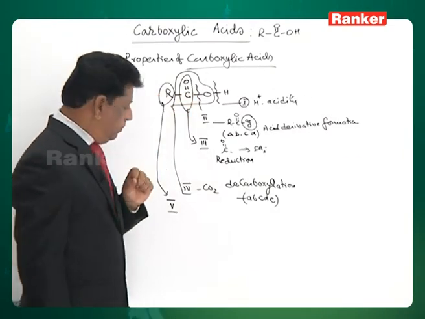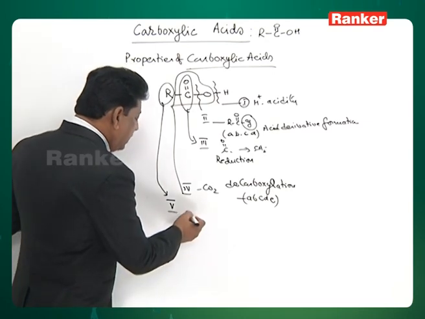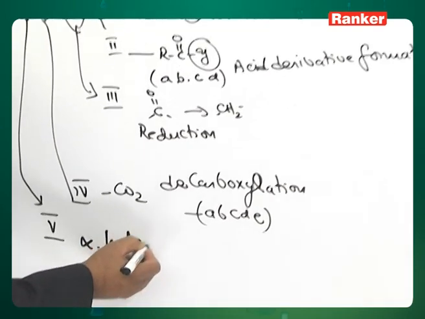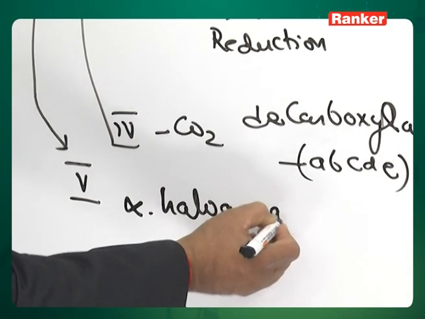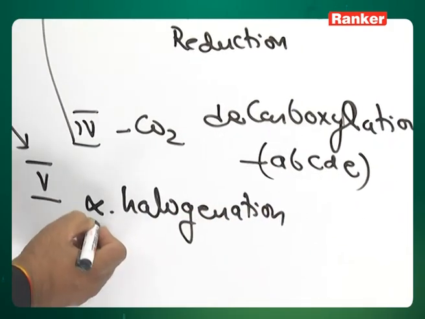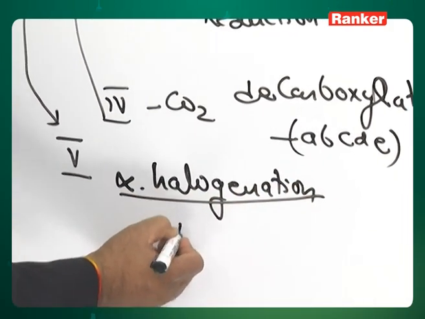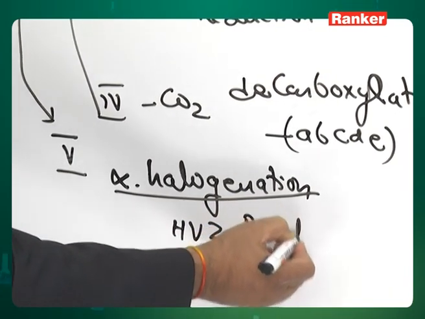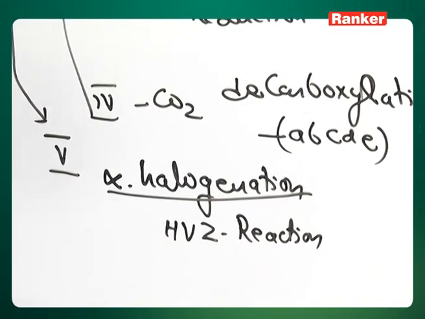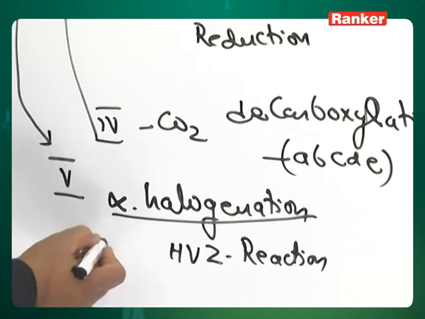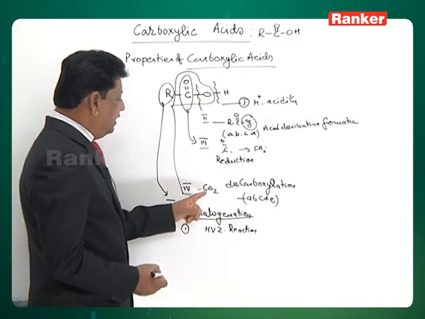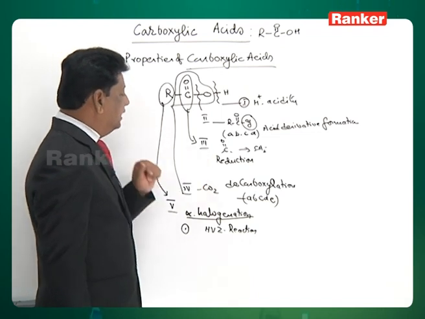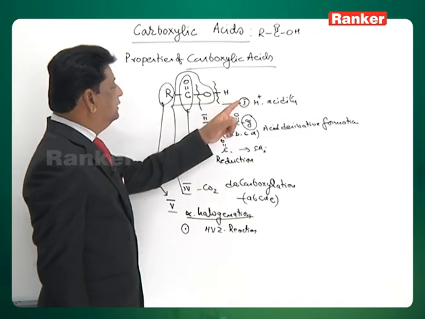This alkyl property is called alpha halogenation. Only one property is there, alpha halogenation. Under this, we have the HVZ reaction. We are going to cover this one reaction. So here 5 reactions are there, here 1 reaction, here 4 reactions, here 1 reaction.